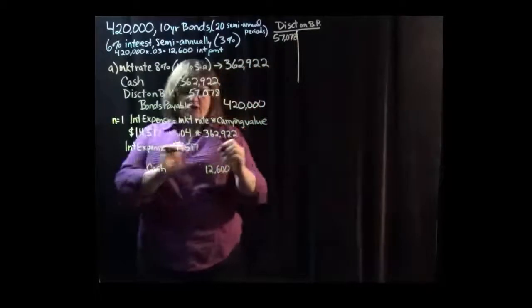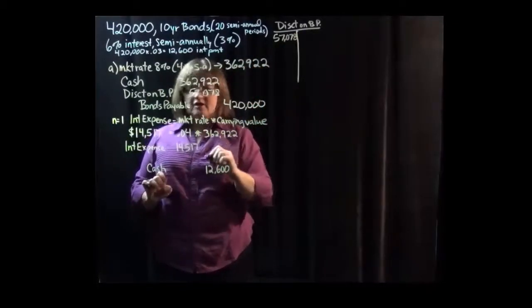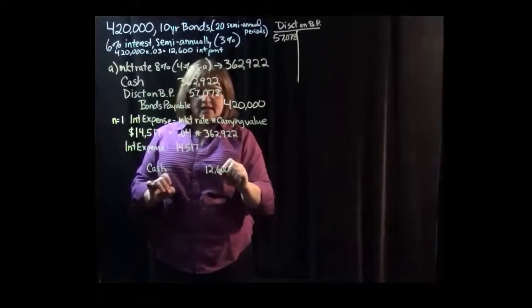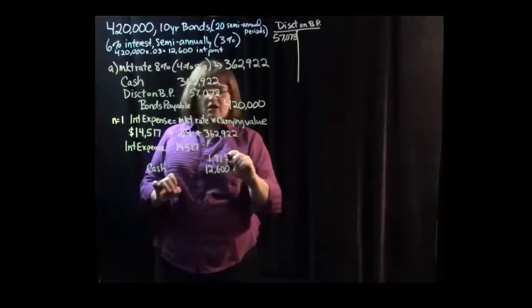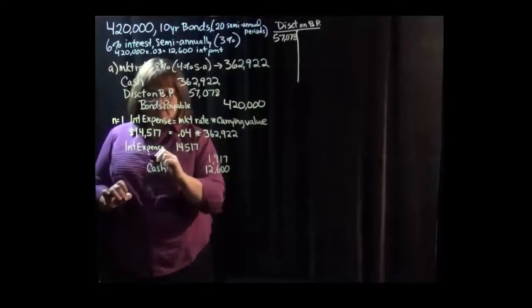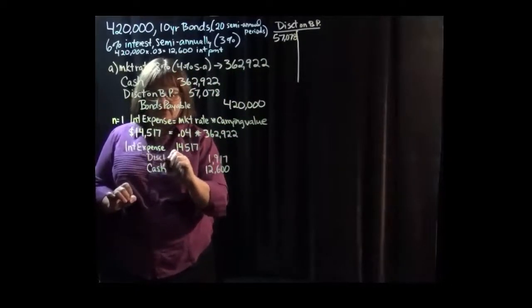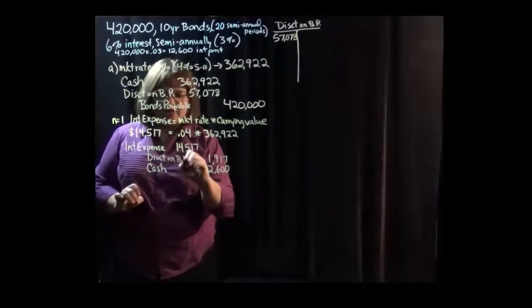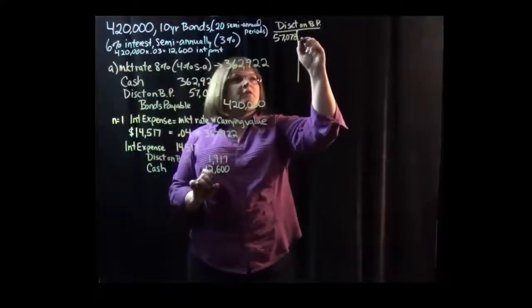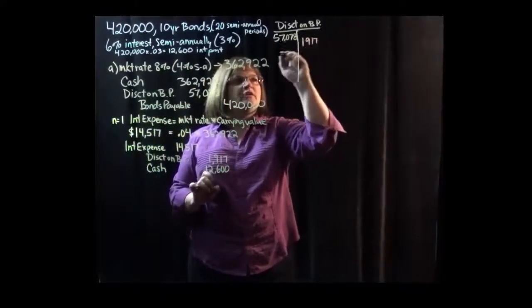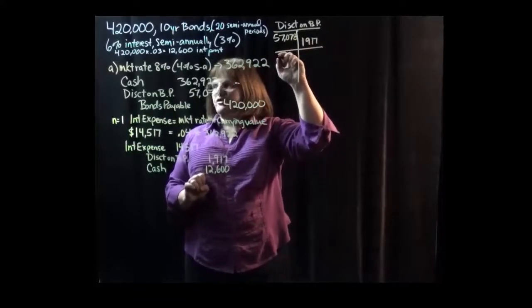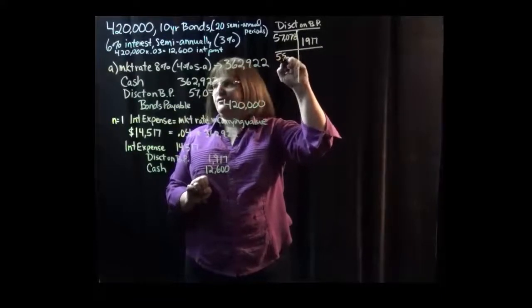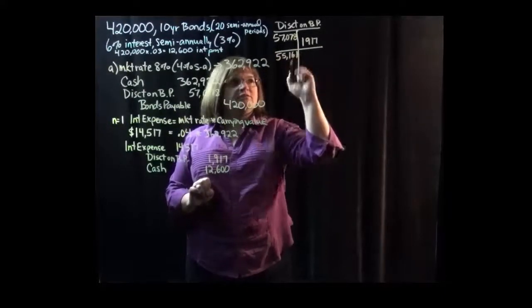Now we're going to credit that for the difference between $14,517 and $12,600, which is $1,917. And so that's going to be a credit to the discount on bond payable account. When we then post that entry here, that's going to give us a remaining balance in our discount after this is done of $55,161.